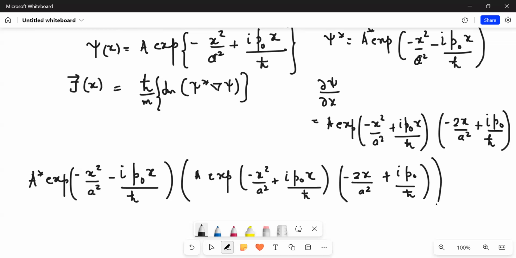Okay, so this is multiplied. First, what we are doing is psi star into del psi upon del x. This is what we are doing.